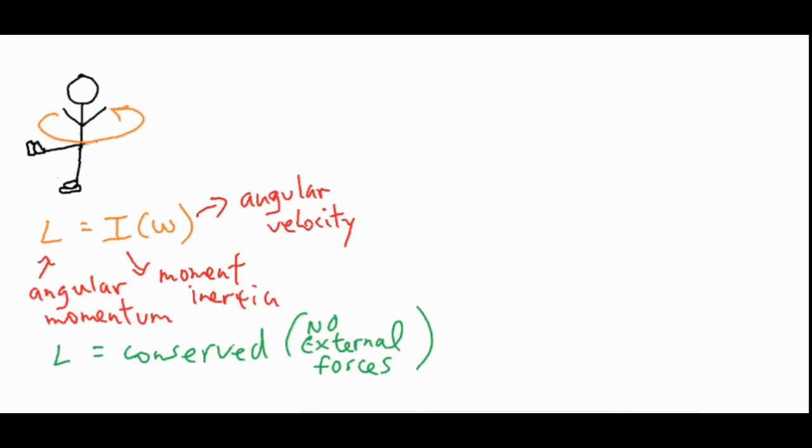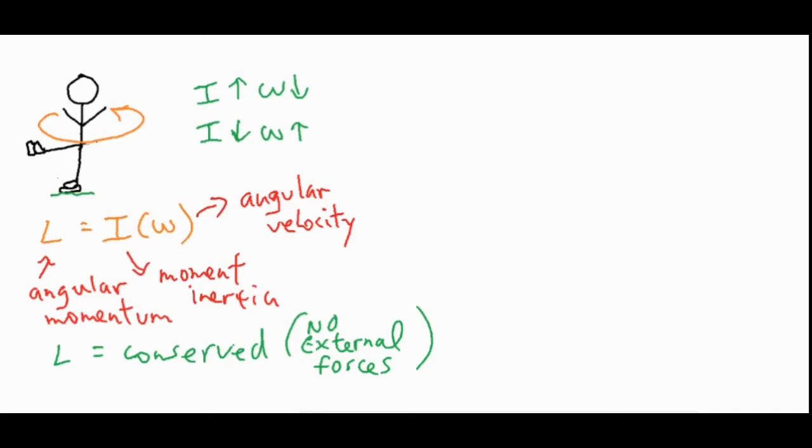So if the system is basically just the person over here spinning on a frictionless surface, then we're going to say the angular momentum is conserved, which means the product of your I and omega would be the same exact number. So if you increase the rotational inertia, then you would decrease the angular velocity, and vice versa. If you were able to decrease that moment of inertia, then your omega value would increase.